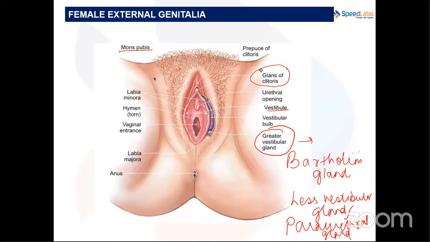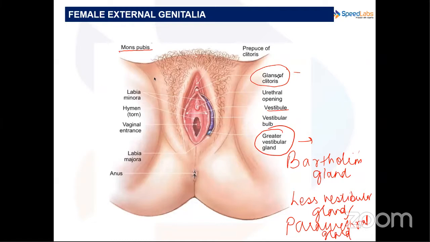So like the Bartholin's gland is homologous to the bulbourethral gland, whereas the lesser vestibular gland is homologous to the prostate gland. The clitoris is homologous to the glans penis in male.